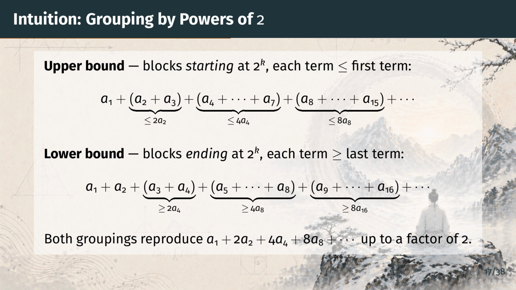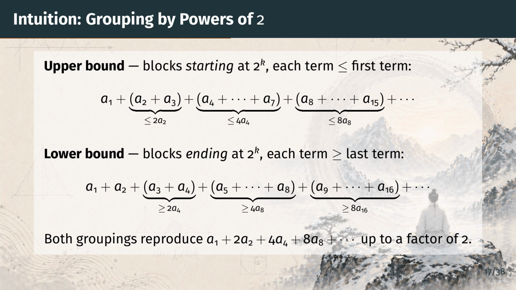Because the sequence is decreasing, every term in such a block is at most its first term. So each block of length 2 to the k is bounded above by 2 to the k copies of a sub 2 to the k. Reading off the bounds gives the condensed series exactly.